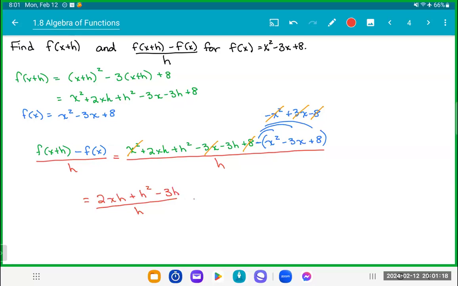I can factor an h out of each of the terms in the numerator. If I factor an h out, it leaves me with 2x plus h minus 3 divided by h. Those h's will now cancel, and that leaves me with 2x plus h minus 3 as the solution of our difference quotient there.